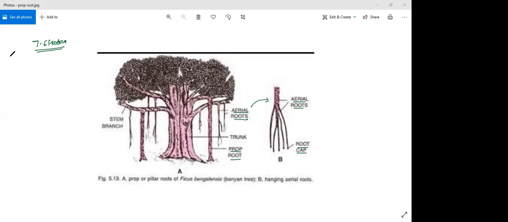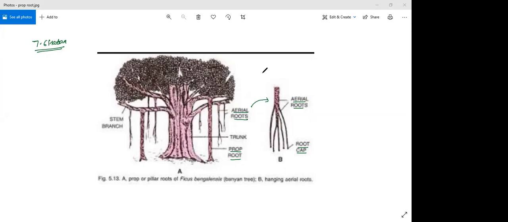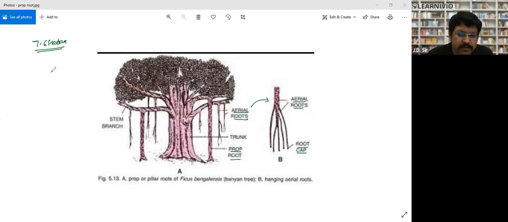They are thick pillar-like. The second one is prop root. Yes, this one, prop root.